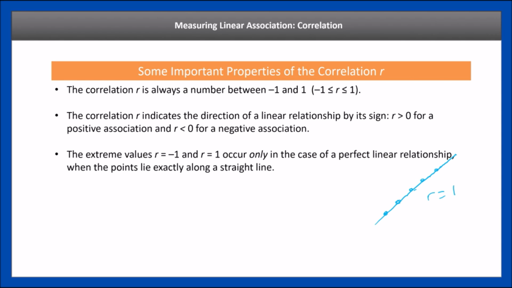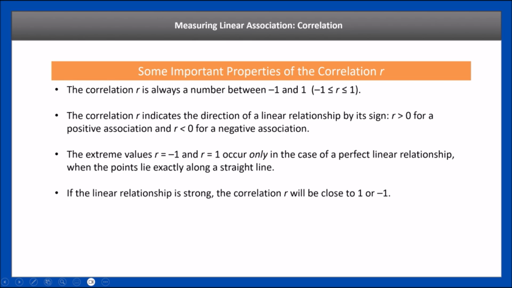It's generally not going to occur that way. In the real world, things happen that make it deviate from a perfect linear relationship. So most of the time it might be close to 1, but not exactly 1. If the linear relationship is strong, then r will be very close to 1 or -1. If it's moderate, it's somewhat close. And if it's weak, it's not very close. It's closer to 0 than it is to 1.